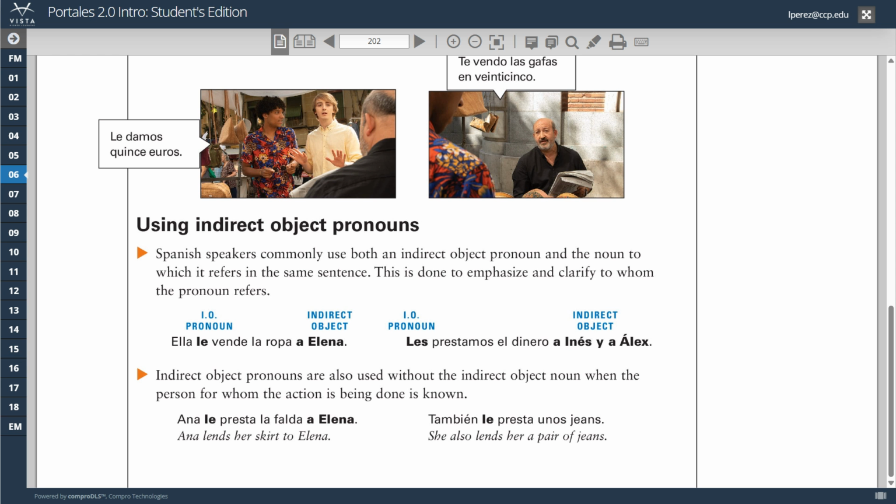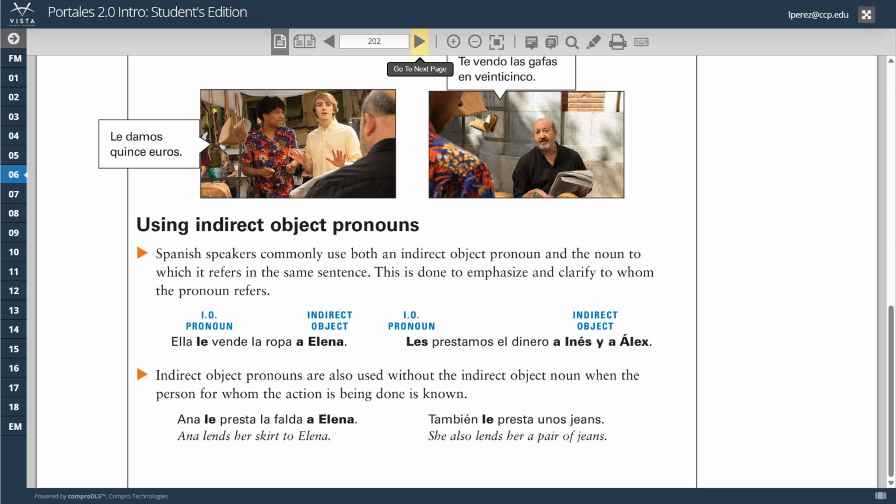But that's not very clear, so I'm going to clarify. A Elena. También le presta unos jeans. Here, you're seeing that I'm not repeating a Elena because at this point, it's known. We know it's Elena because I'm following up with that statement. So the le needs to be there every time I'm implying that there is an indirect object, but I don't need the whole phrase every time.